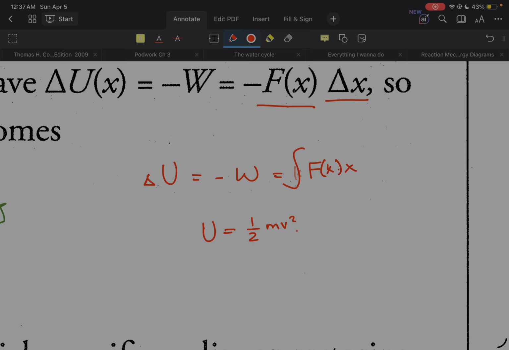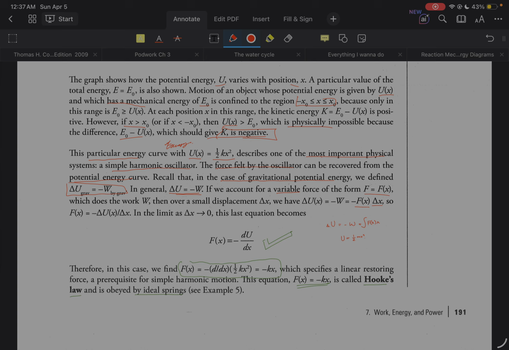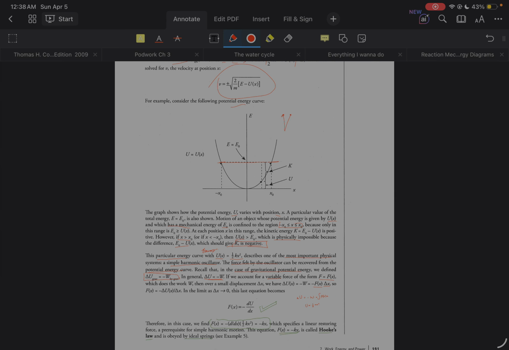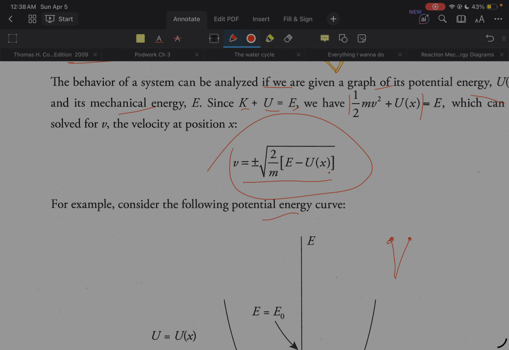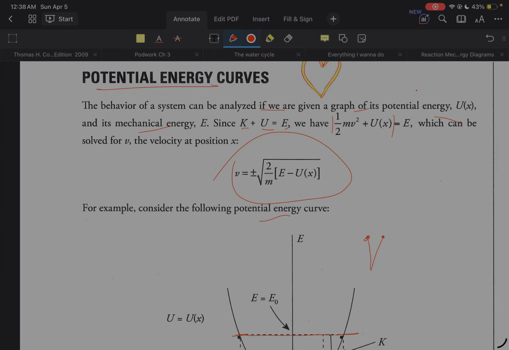Since nothing in 1/2 mv squared changes, the force will remain constant. Does that make sense? Since when we define velocity at position x, it's in terms of the two energies.